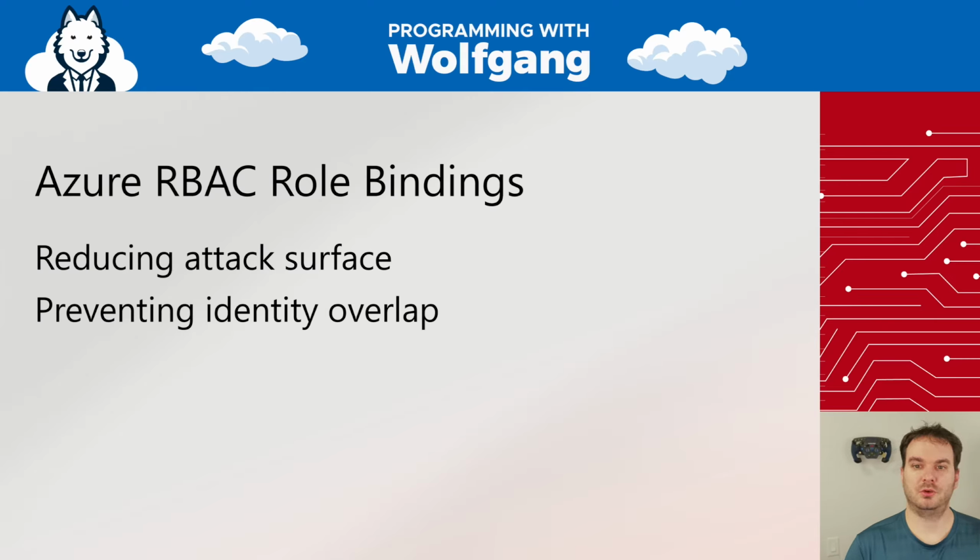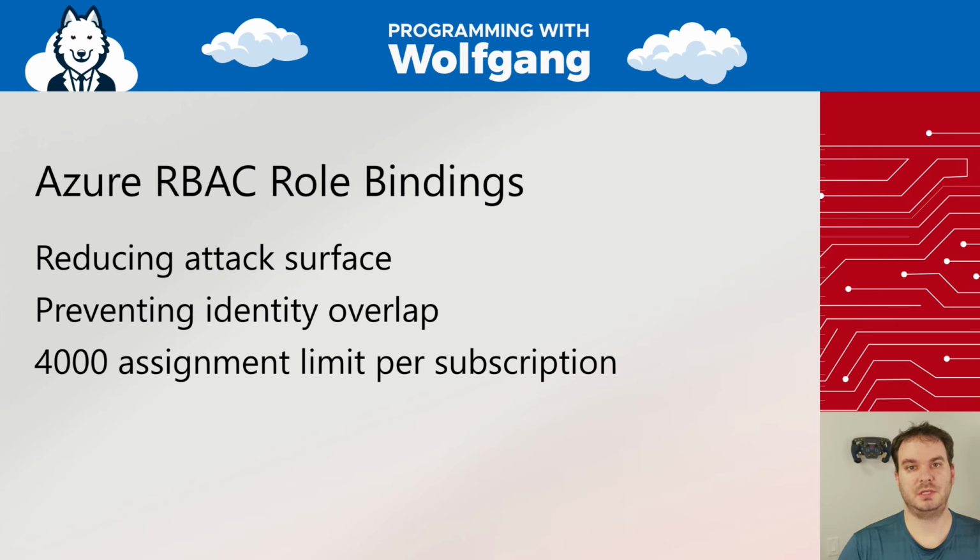Then having the identity overlap is basically what I just said before, except that it just gives a legit user too many permissions. With the reduced attack surface from the first bullet point, it's giving an attacker a possible entryway.